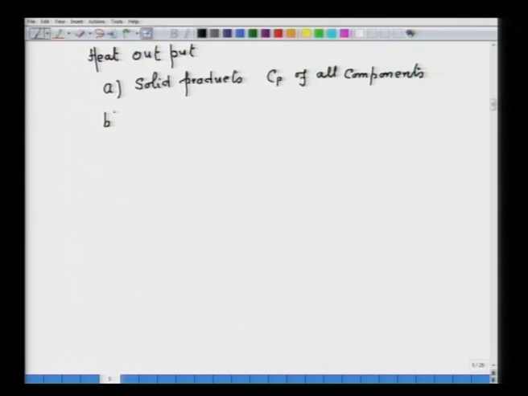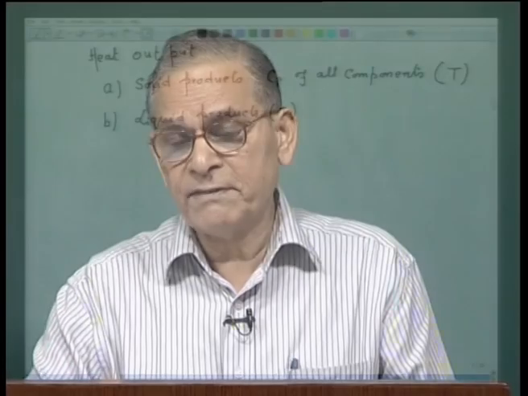B, is there a liquid product. In solid products you also require to know the temperature. In liquid products you have to know the temperature, whether the liquid product exiting the system is at the melting point or above the melting point. These are the important issues.